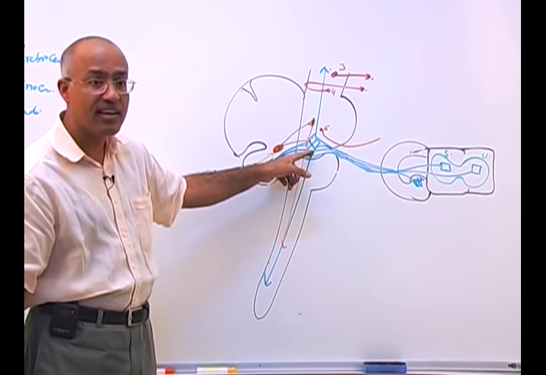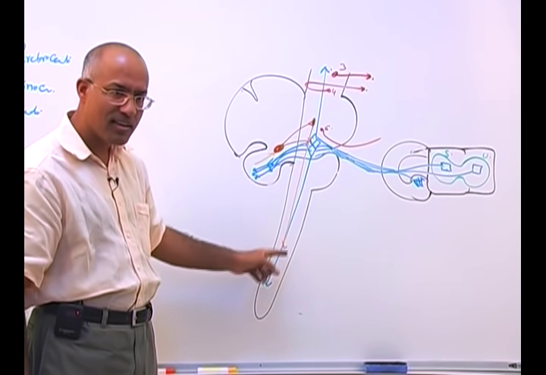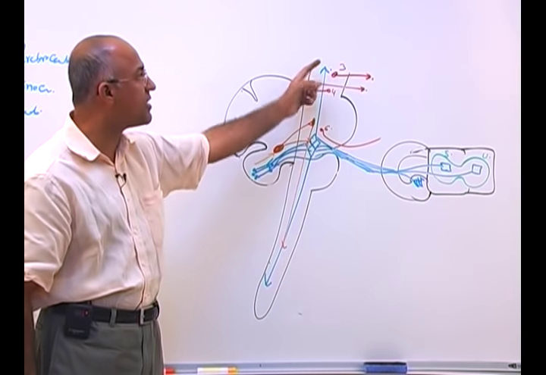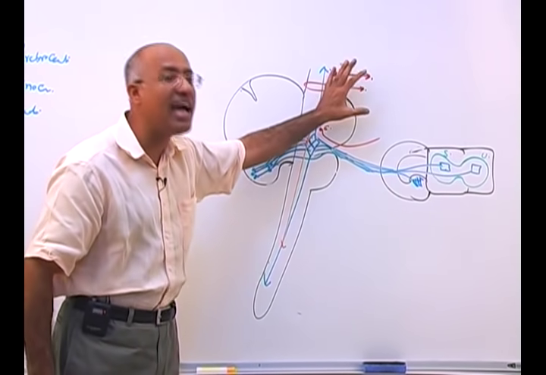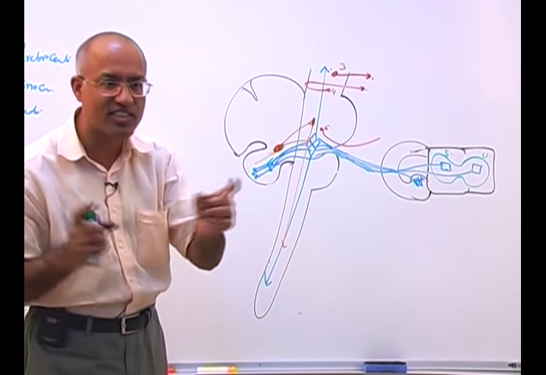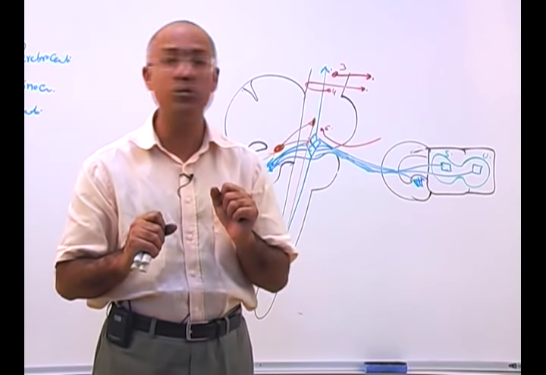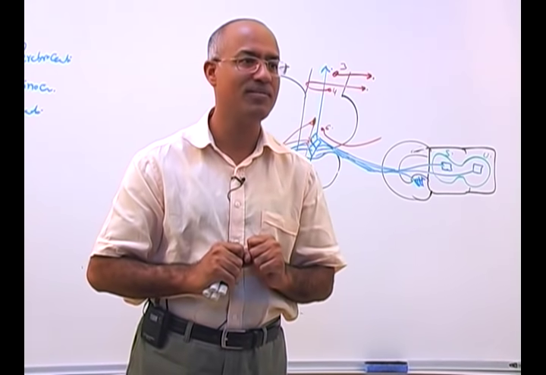From there, there are downgoing fibers which are vestibulospinal, and the upgoing fibers which interact with the third, fourth and sixth nerves, so that they move the extraocular muscles in such a way that when head movement is going on, eye movements are adjusted.